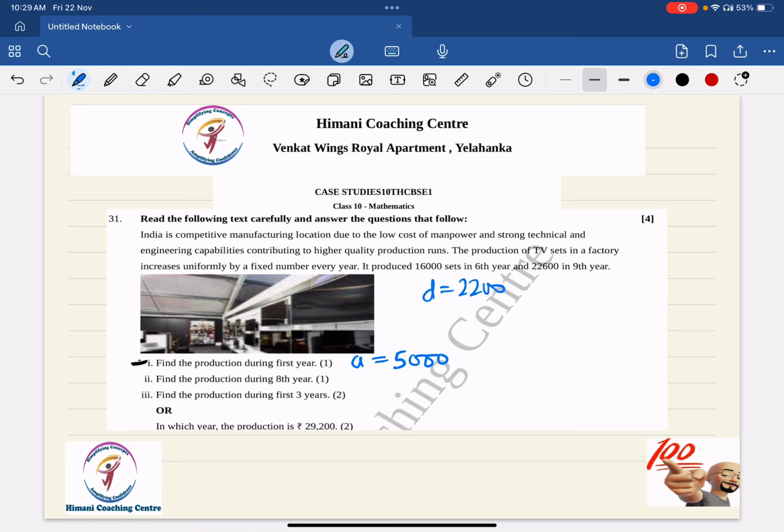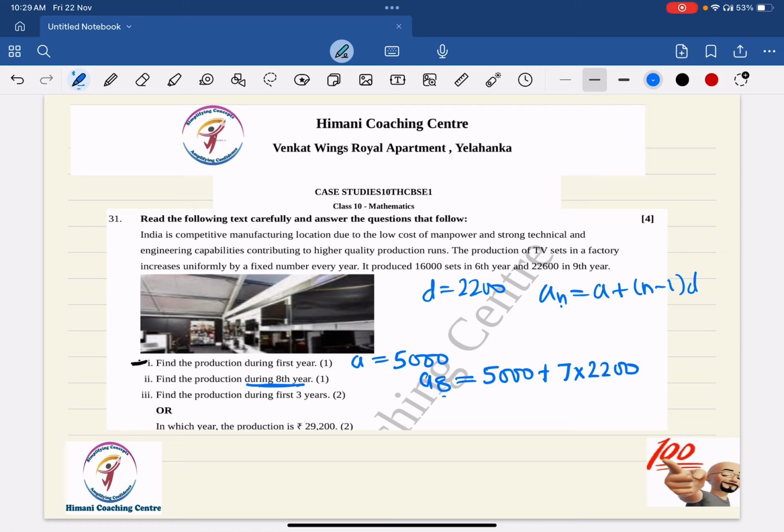Now the second question says, find the production during the eighth year. Eighth year means we have to find A8. So which would be what? A, which is 5,000, plus 8 minus 1, which is 7, times 2,200. What am I doing? I am using An equals A plus n minus 1 times d.